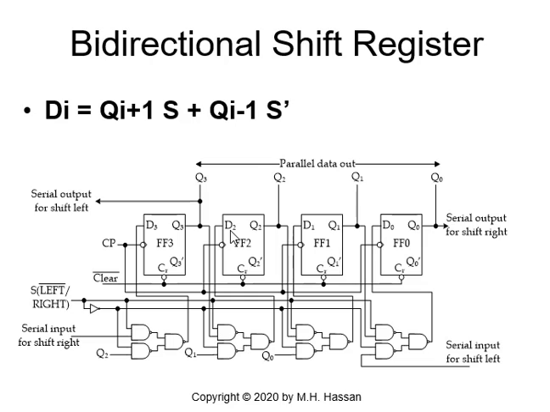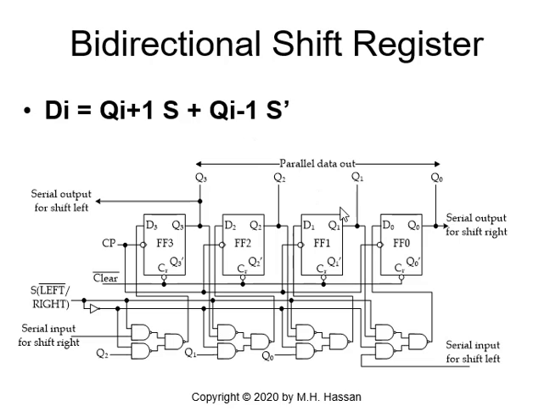For D2, to shift the data from the left to the right, D2 has to get Q3. So S needs to be 1. So D2 will be Q(i+1), and the other term will be 0.